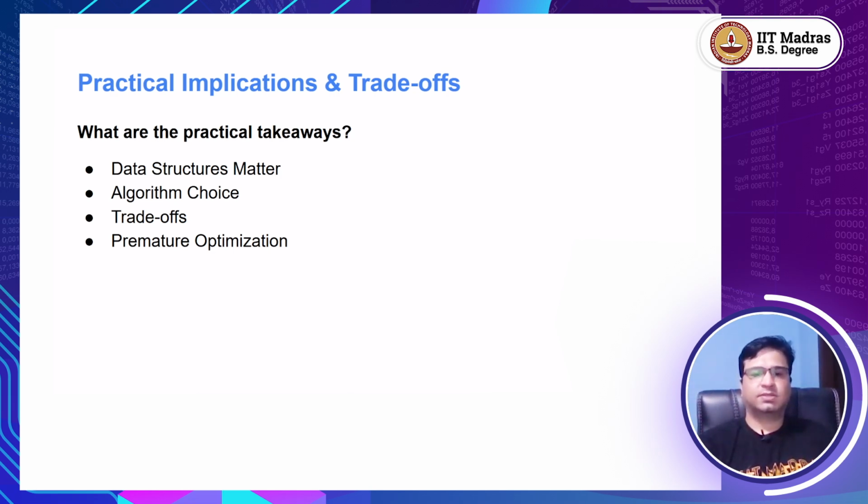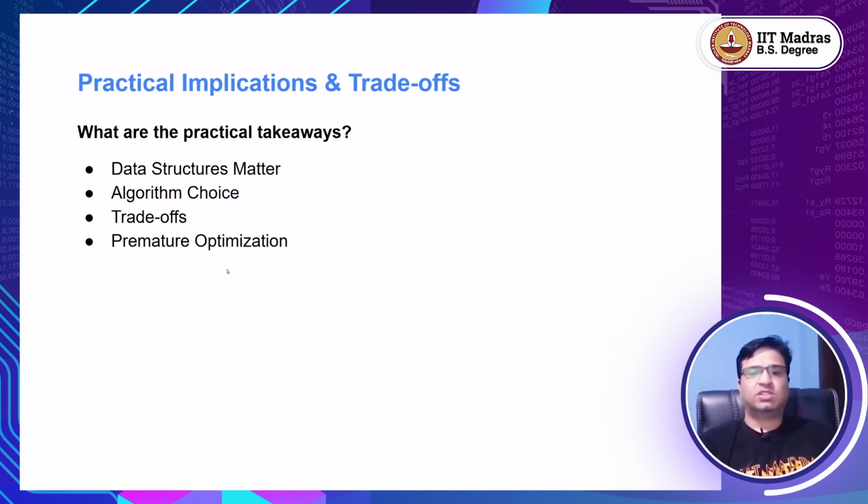data structures matter. Second is algorithm choice. For the same problem, different algorithms can have vastly different efficiencies. Always consider the expected input size, which may be very large. Big O n squared algorithms might be fine for n equal to 100, a small input, but terrible when n is very large, like 10 to the power 6.